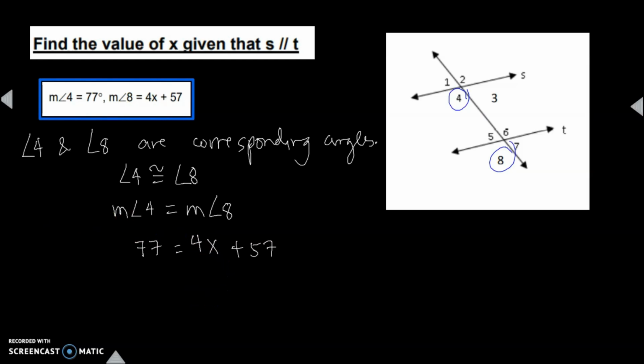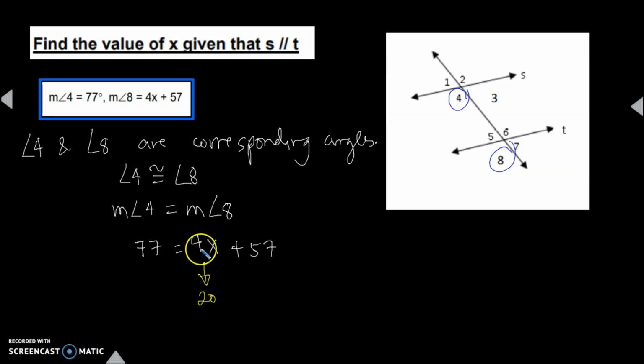Using the elementary way of solving, we all know that the equal sign means everything has to be balanced, that the left and the right must be equal. So the left side is 77 and the right side is 4x plus 57. So we have to balance everything. We have 57 already here, and to get 77 you need 20 more. So this 4x will be your 20.